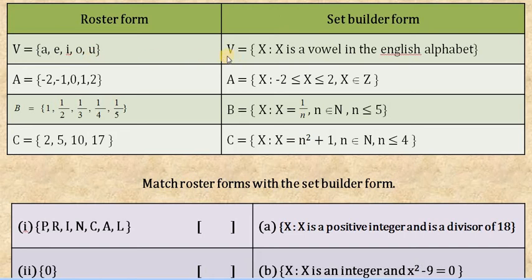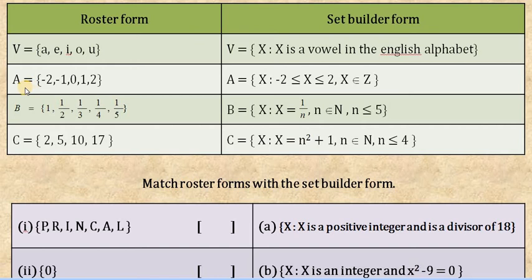How do you write? V is equal to {x : x is a vowel in the English alphabet}. The bracket x double dot represents the set of all x such that. Now write about x, meaning write about these elements. So x is a vowel in the English alphabet. This is the set builder form corresponding to V equal to {A, E, I, O, U}.